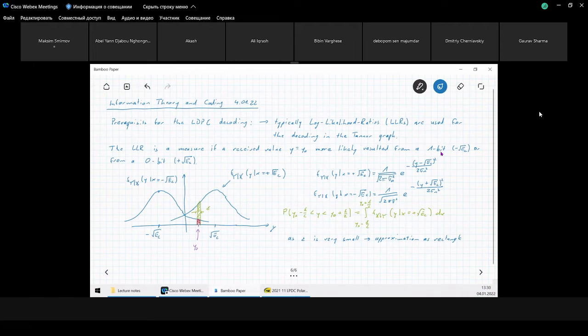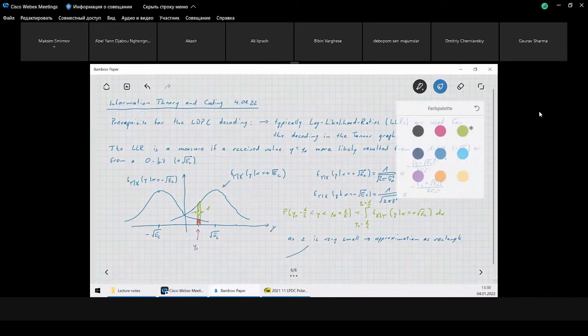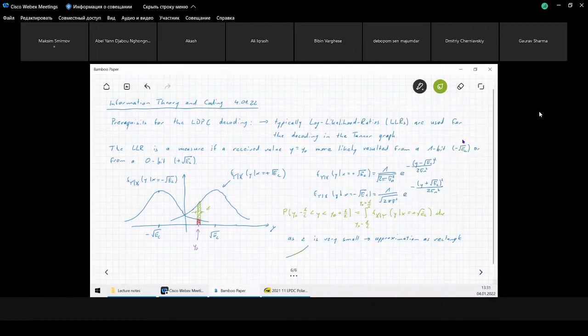So let me magnify this for you. If we basically have here our Gaussian function, here, that's the integral we want to solve.